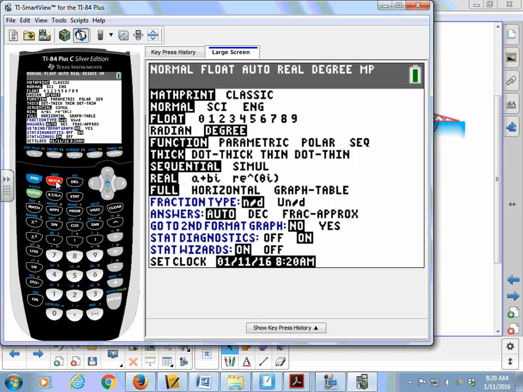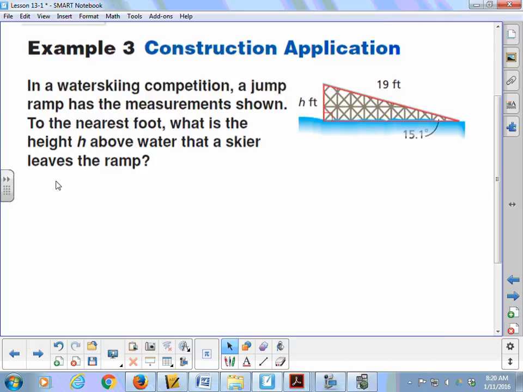Make sure it has degrees highlighted, especially if you're using one from the back counter, because my pre-calc students use those also, and they go back and forth between radians and degrees. So you'll only be using degrees for the most part. We will look at radians in a couple days, but mostly you're looking at degrees. Anytime you're dealing with an application problem, you'll always be working in degrees. So for right now, you always want to be in degrees.